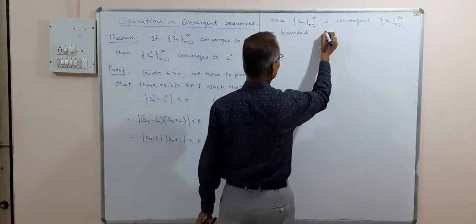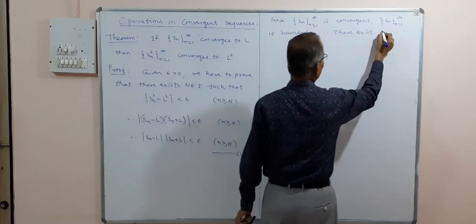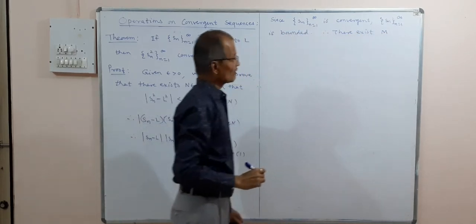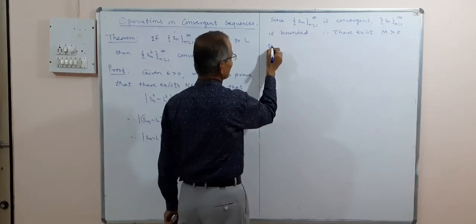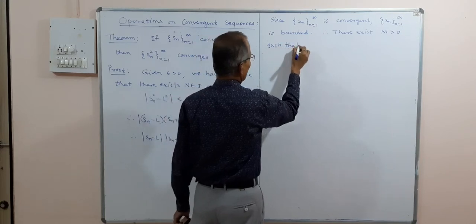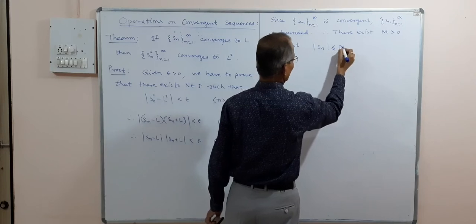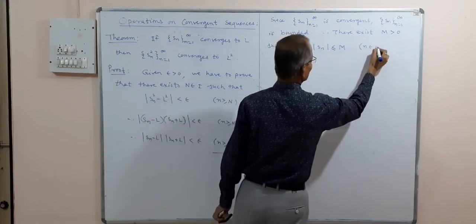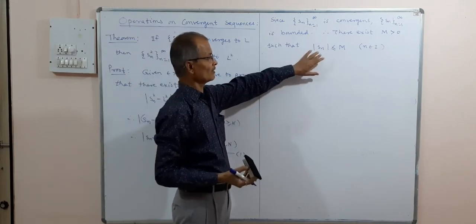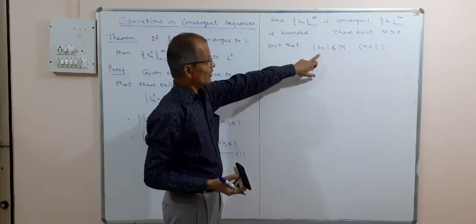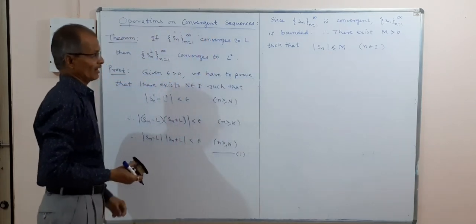And therefore there exists m greater than 0, a positive real number, such that absolute value of Sn is less than or equal to m for all n belongs to I. Every term of the sequence, the absolute value of every term, is less than or equal to m.